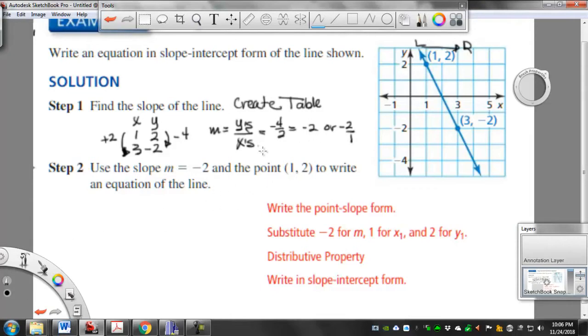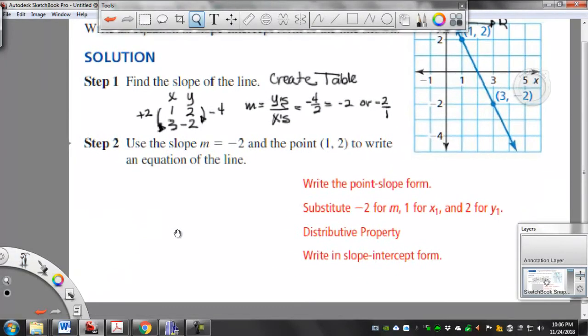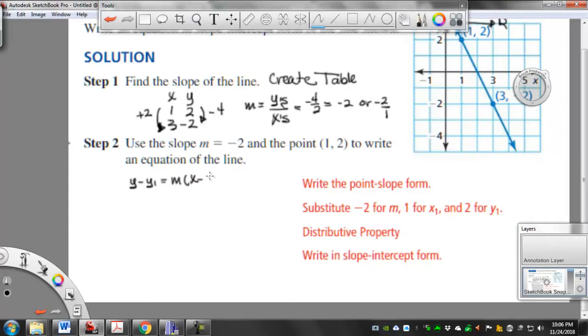Now this turns into a problem just like we had from that first example. So we're going to write the point slope form of the line. So remember y minus y1 equals m times the quantity of x minus x1. Now remember that this is x1, that's y1, and then right there is m, just like it says, and we're going to substitute those values in just like it says here.